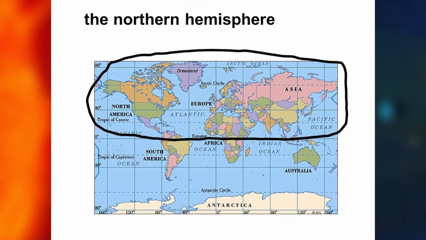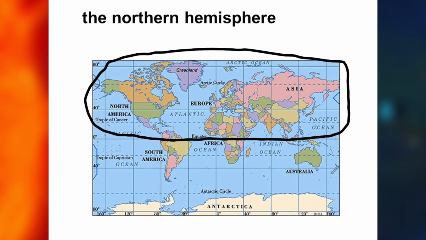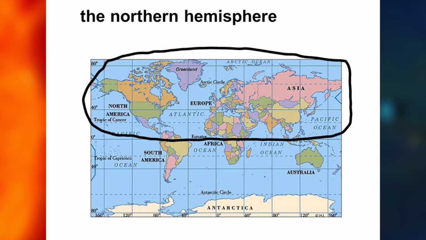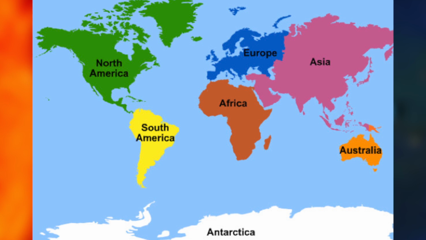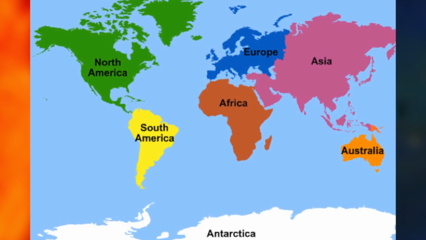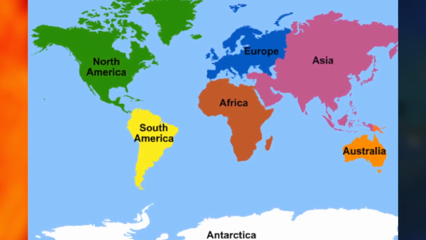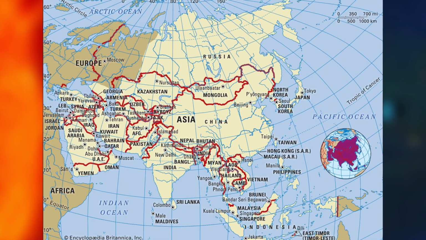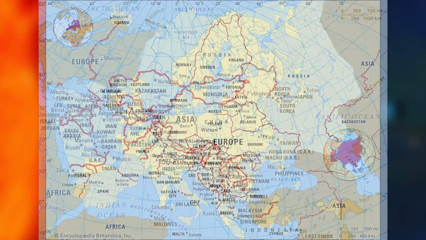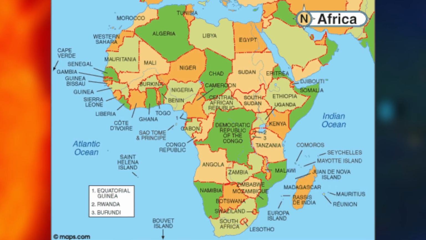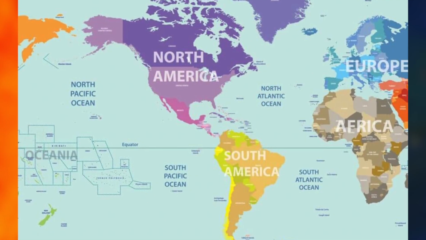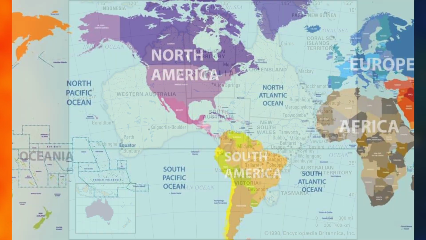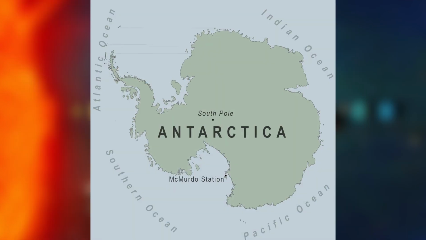Nearly 2/3 of the land mass is located in the northern hemisphere. The land surface on the Earth is divided into 7 continents. These continents are Asia, Europe, Africa, North America, South America, Australia and Antarctica.